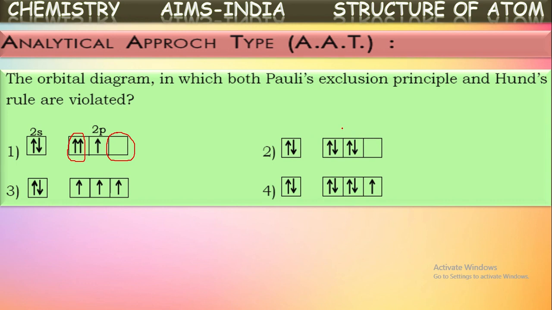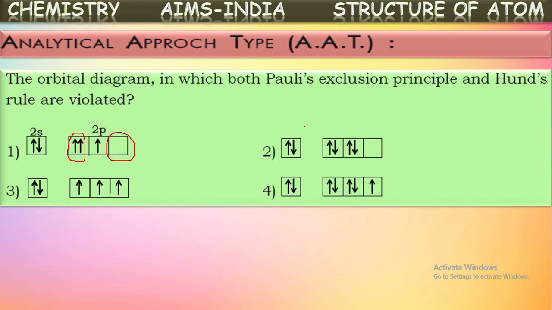But here, Pauli's principle is followed because each orbital has a maximum of two electrons, with opposite spins in all the three orbitals.